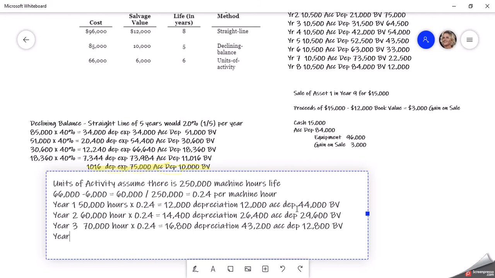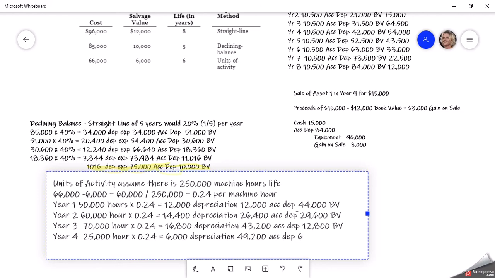So now in year 4, maybe we go down to 25,000 hours times the 24 cents. And that's $6,000 of depreciation. And then that takes it up to 49,200 in our accumulated depreciation.